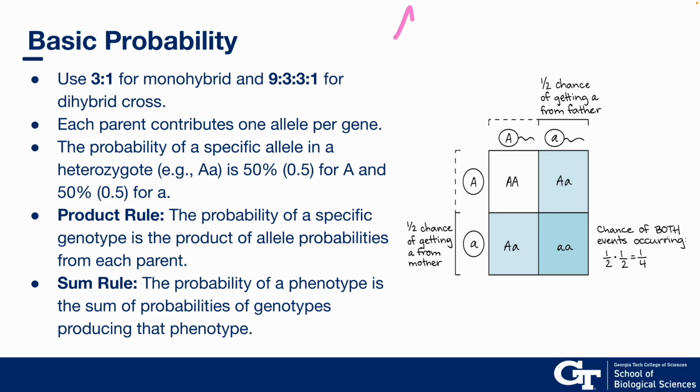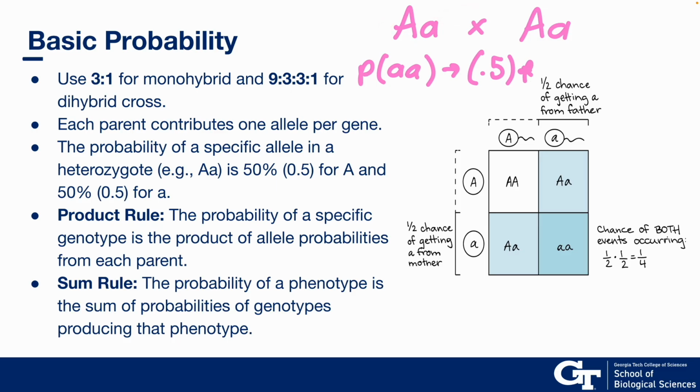So with an example, let's say we have the trait big A, or the alleles big A and little a, right? And we want to look at the probability that we end up with the homozygous recessive little a, little a. So parent 1 has a 0.5 chance of contributing the little a allele, right? Because we have 0.5 of contributing big A, 0.5 of contributing little a.